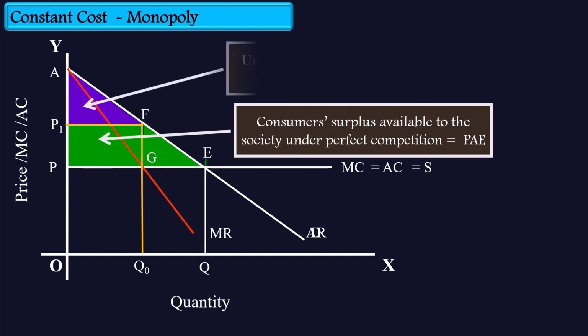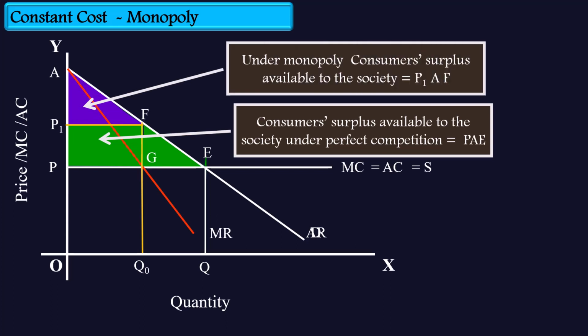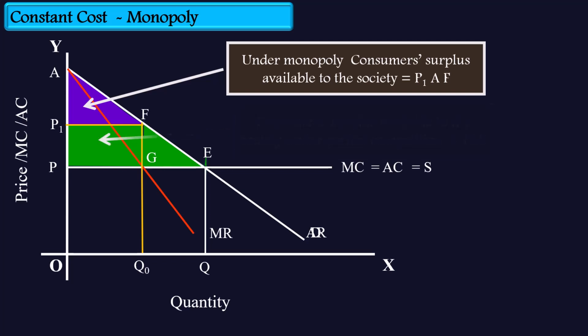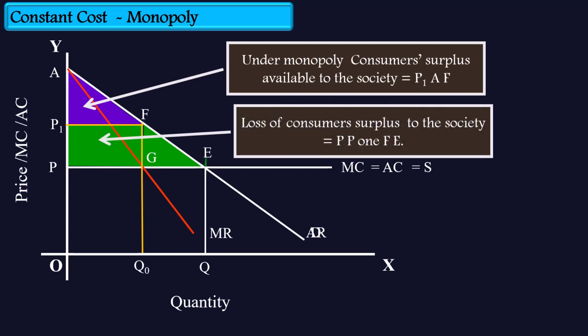Under monopoly, consumers' surplus available to the society is P1AF. Loss of consumers' surplus to the society is given by the green colored region P1FE. Consumers' surplus under monopoly is less than under perfect competition.